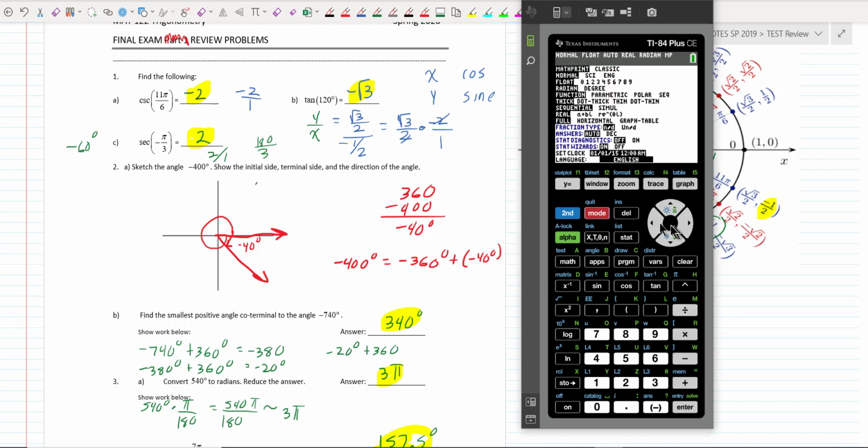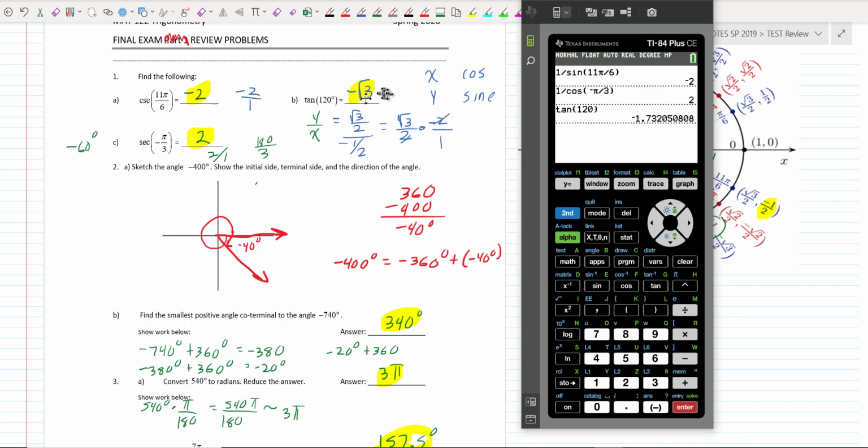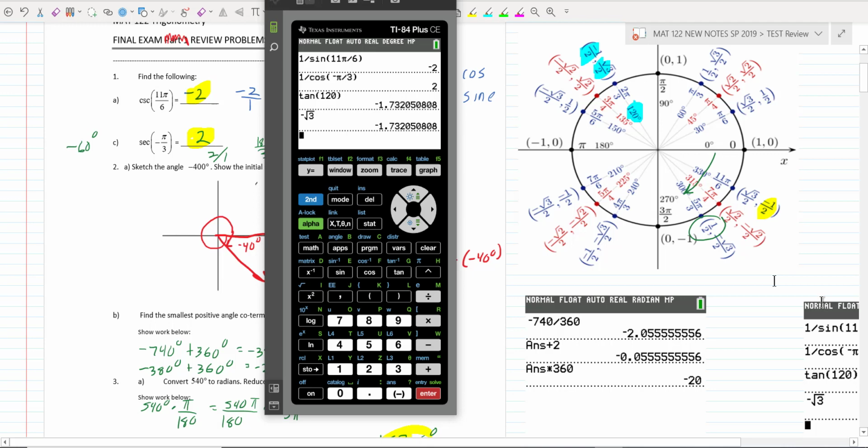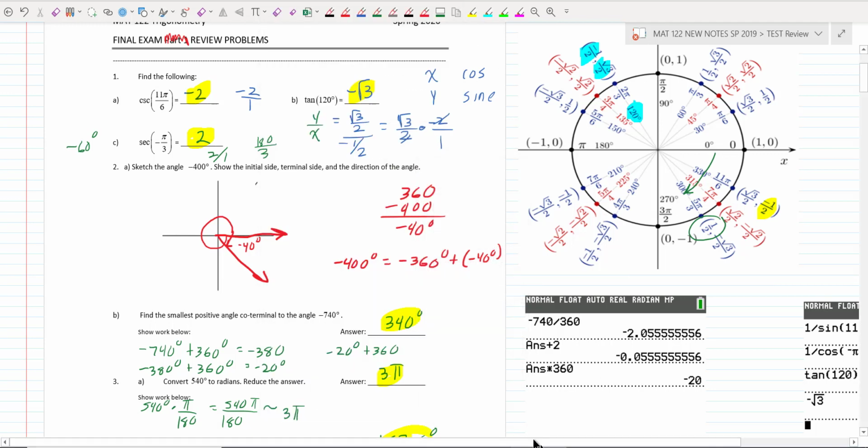And then the last one, you would have to go into degree mode, and then you would go tangent of 120 degrees. That will give you a decimal, but that's the same as the square root of 3. So if you just put in negative square root of 3, our answer, then that'll match up. Okay, so I just did want to remind you that you have the ability to check your answers.